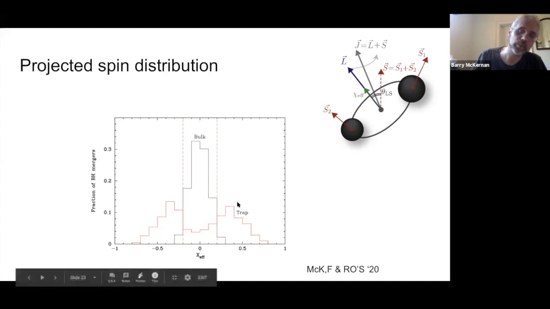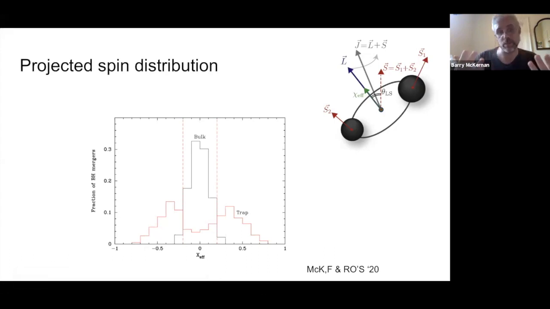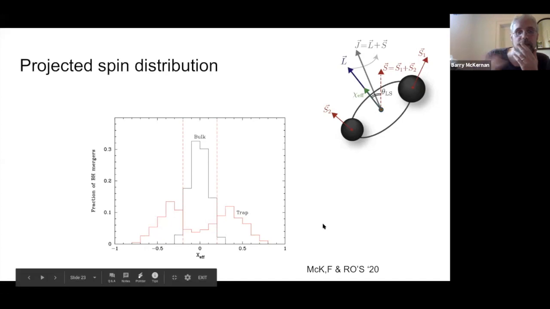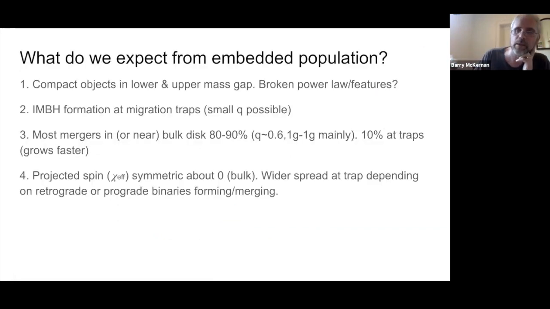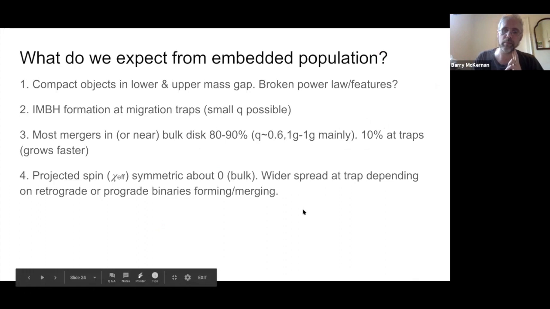And so you end up with this broader distribution that you'd expect for mergers at the trap. But again, those trap mergers are going to be 10% of your total. So that's kind of the expectations for how that sort of projected spin thing should look from this population. Okay, so that's up on the big board.